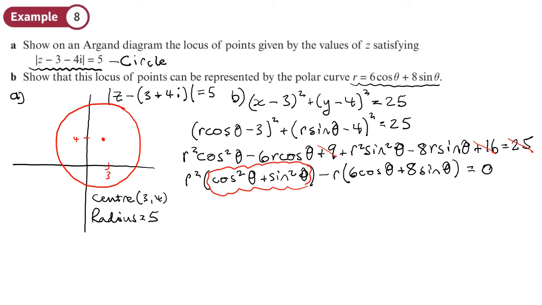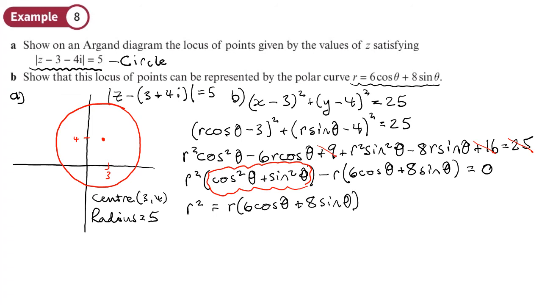Also move the bracket to the other side and divide both sides by r as well. Let's do one step at a time. So we'll have r squared equals r times 6 cos theta plus 8 sine theta.